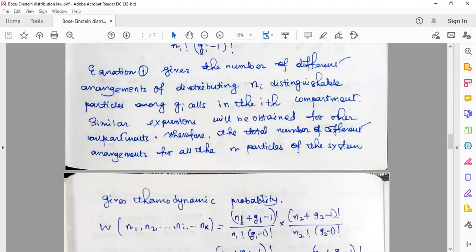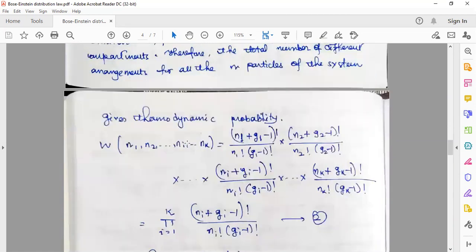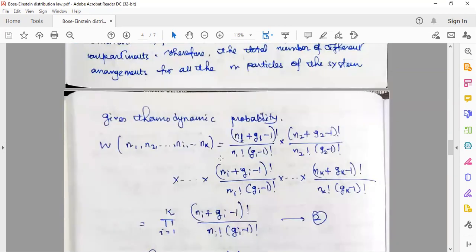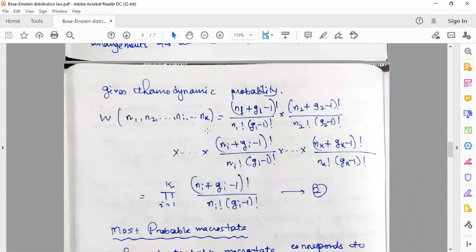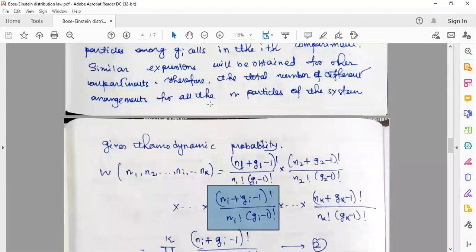Therefore, for the total number of different arrangements for all n particles, you just have to multiply all these distributions. This is for the ith distribution, which we have just found in equation 1.